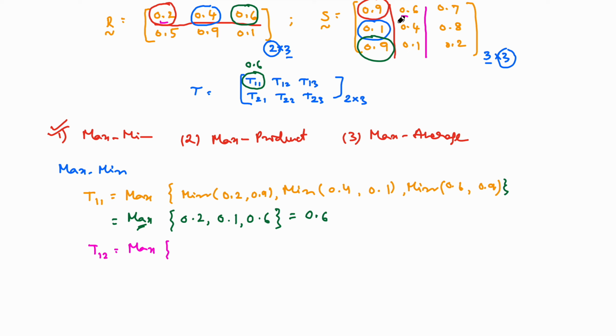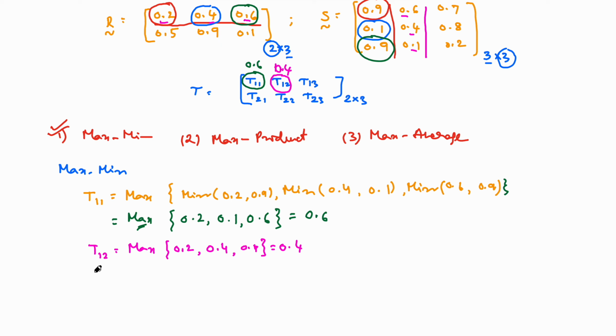What is the minimum of 0.2 and 0.6? That is 0.2. And 0.4 and 0.4, so the minimum is 0.4. Minimum of 0.6 and 0.1 is 0.1 here. So I can write maximum out of these three is 0.4. That's all. So this is T12. Let me mark this. This is 0.4.